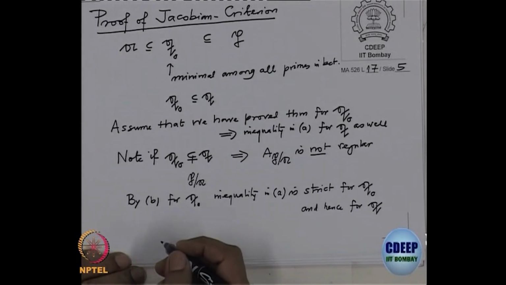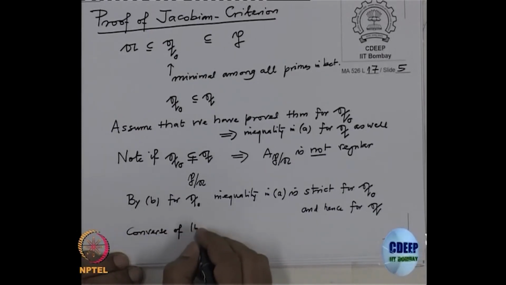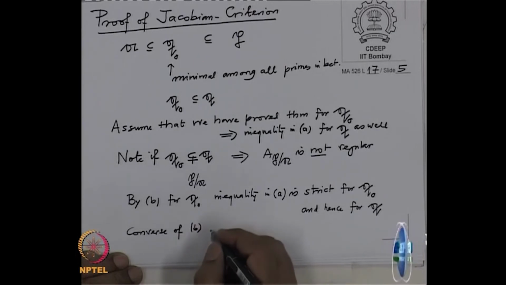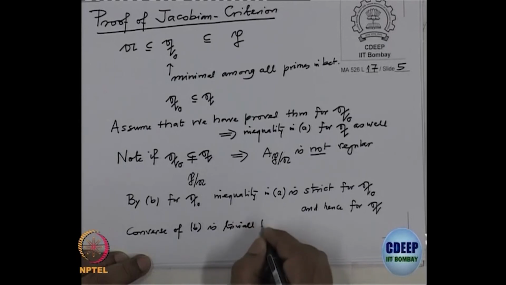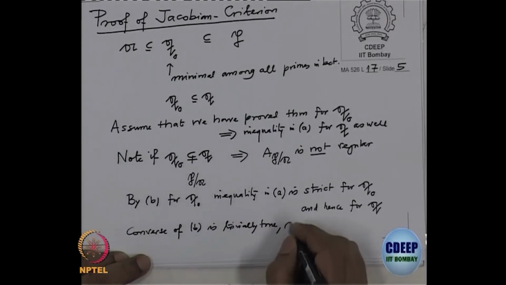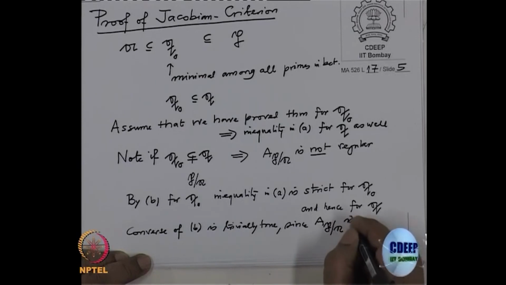And the converse of B, so finally the converse of B is trivially true, since A localized at P mod A is not regular.